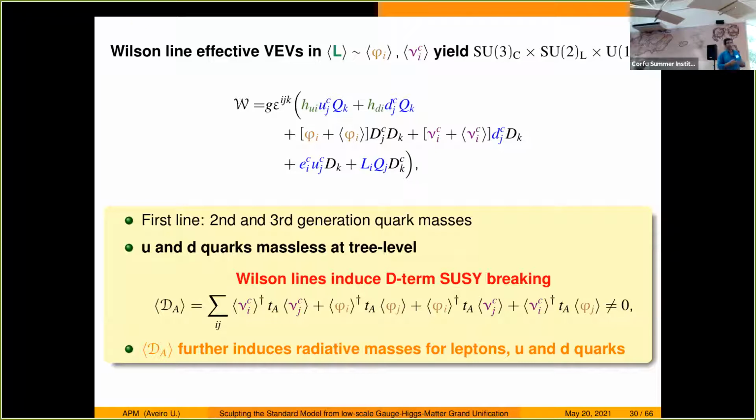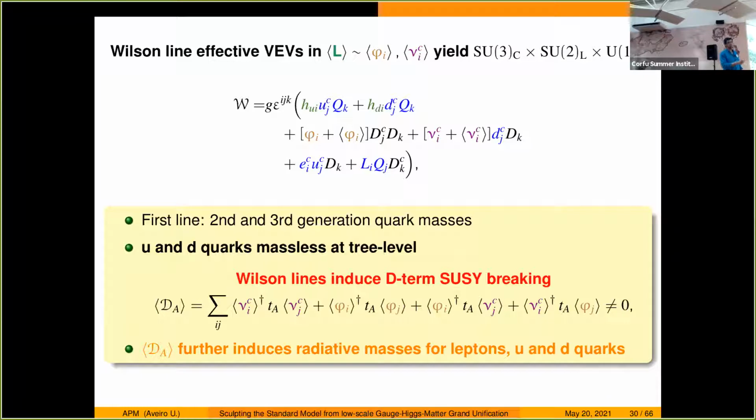When they acquire VEVs, they can also get VEVs via Wilson lines, but here we rely on radiative breaking, because of the hierarchy between the Wilson lines and the electroweak scale, it's hard to motivate such a hierarchy in the Wilson lines. So we prefer to generate them radiatively.